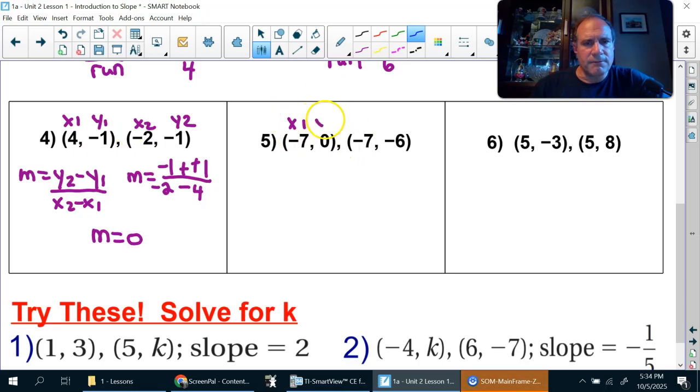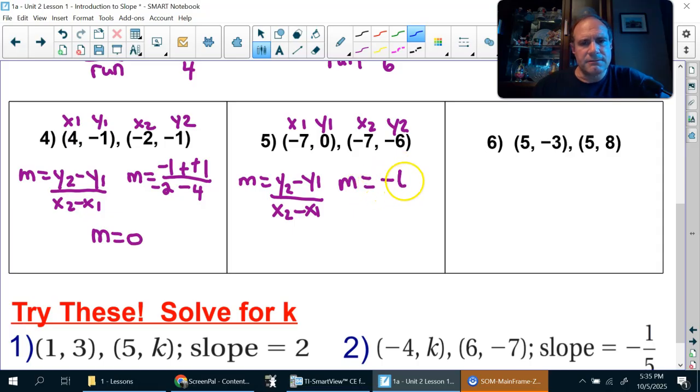We're going to have x1, y1, x2, y2. Slope, m equals y2 minus y1 over x2 minus x1. m equals negative 6 minus 0, y2 minus y1, and put the negative there, negative 7 minus a negative 7.